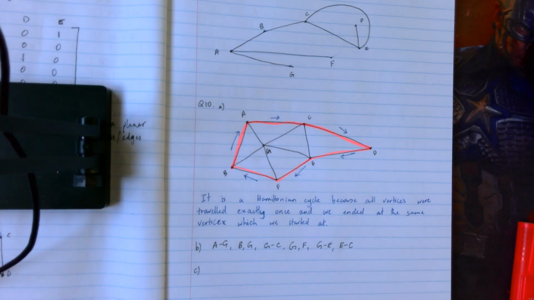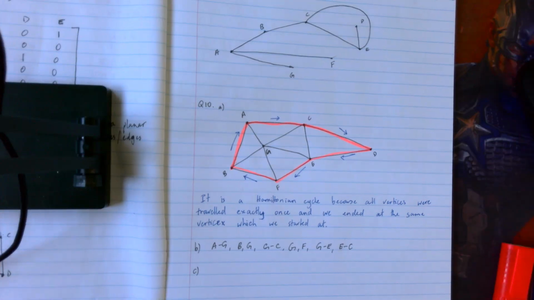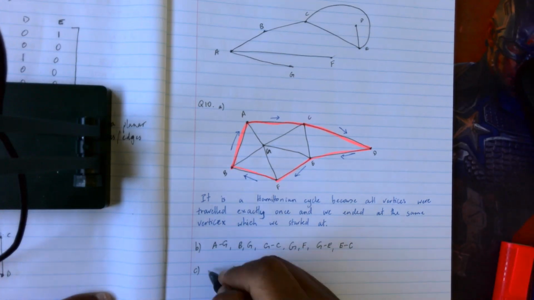So all vertices must have an even degree, or there must be exactly two vertices of odd degree. So two vertices can be odd, otherwise all of them have to be even.